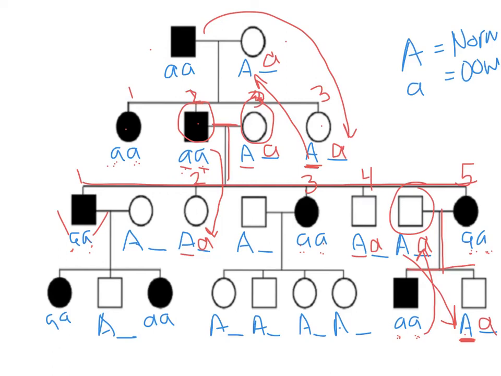Let's do the middle daughter here, number 3. This Oompa Loompa marries this guy, and they have 4 children. All of them appear to be normal, so the capital A's all have to come from this one right here. That's the only way.